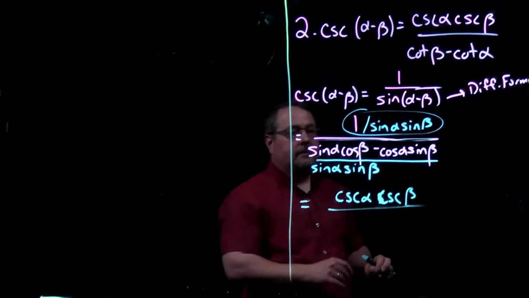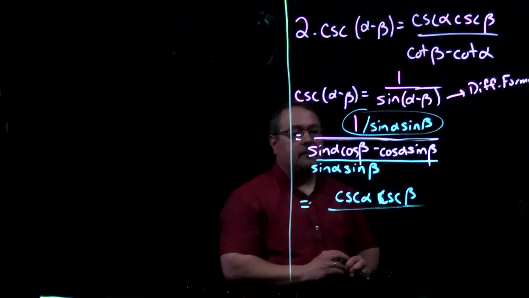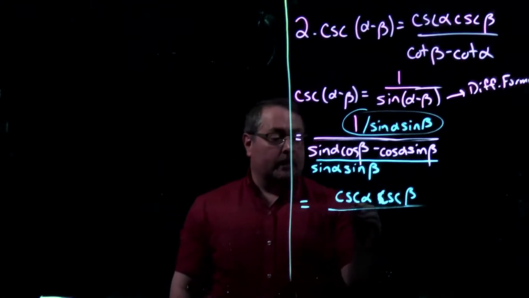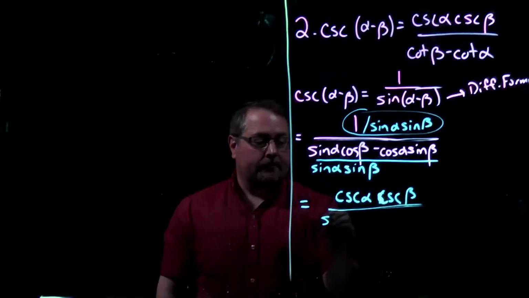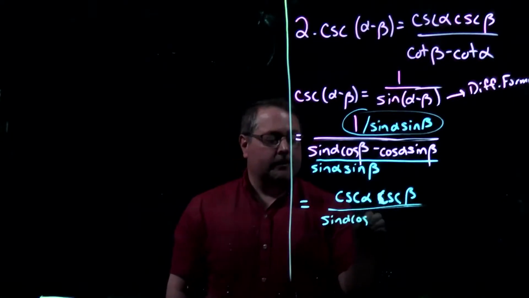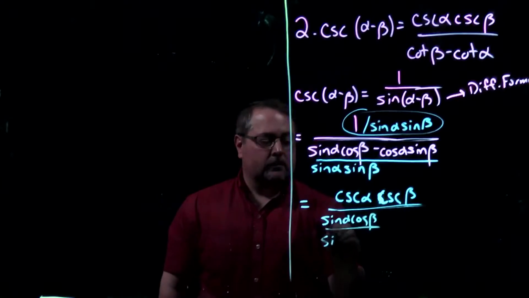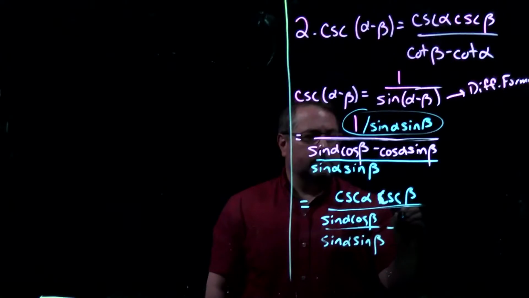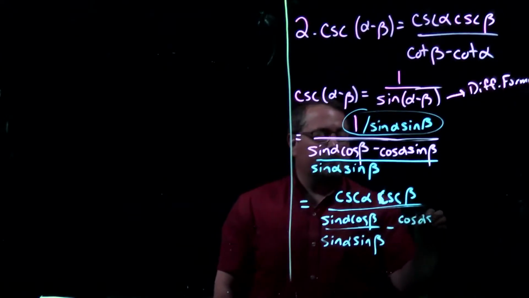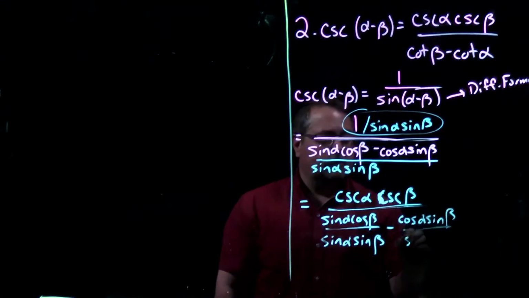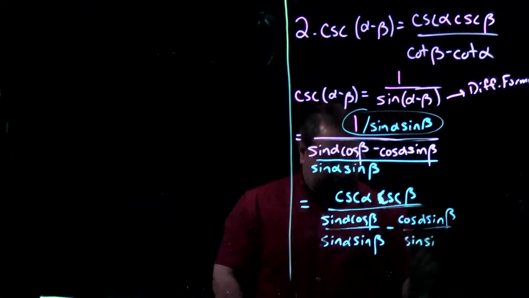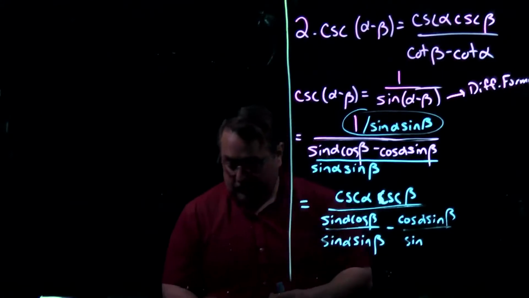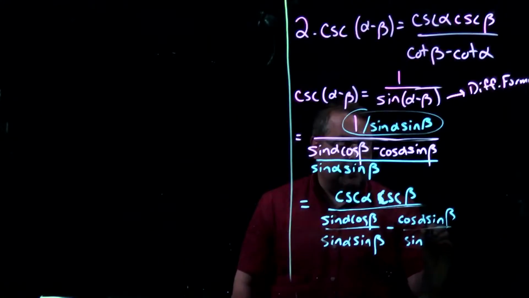So again, we're just taking the top and dividing by sine alpha sine beta. That's the same as multiplying by cosecant alpha cosecant beta. And then on the bottom, if we break this up, we have sine alpha cosine beta over sine alpha sine beta minus cosine alpha sine beta over sine alpha sine beta. And note that I haven't changed the term at all because we multiplied the same thing on the top and on the bottom.